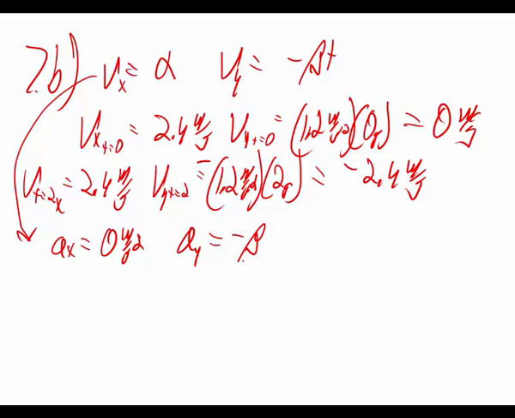Take the derivative of Vy, dVy/dt. And what do you come up with? Negative beta, excuse me. All right, so the acceleration in the Y is going to be what? 1.2 meters per second squared. Is that right?